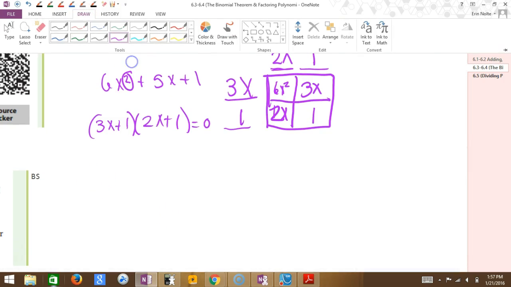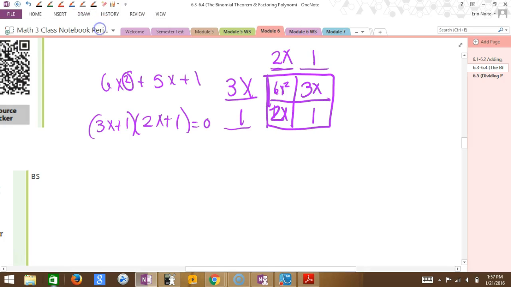So this is our first example, something like 3x cubed plus 7x squared plus 4x. We can't use the box method on this one, so we're going to learn factoring by grouping.